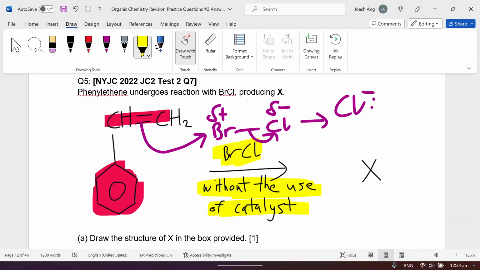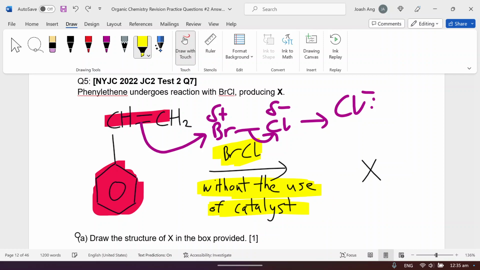That's why we use much harsher conditions if we want to undergo electrophilic substitution of the benzene ring. So without a catalyst, my benzene ring will not undergo electrophilic substitution as readily compared to the alkene. The purpose of the catalyst is usually to generate a stronger electrophile for the benzene to react with.